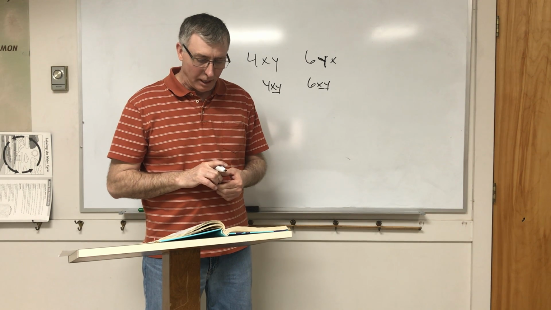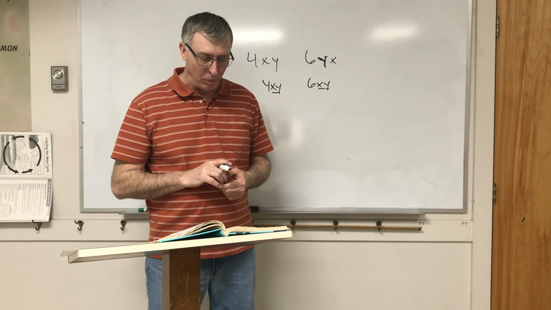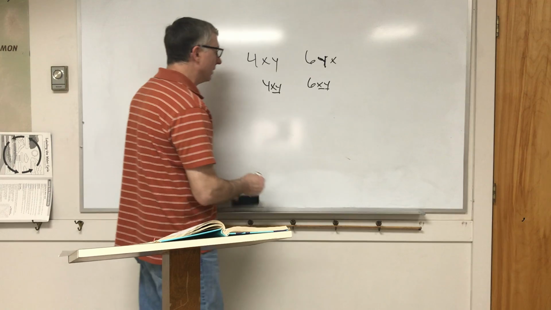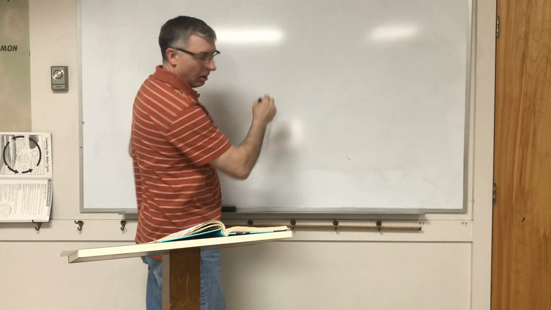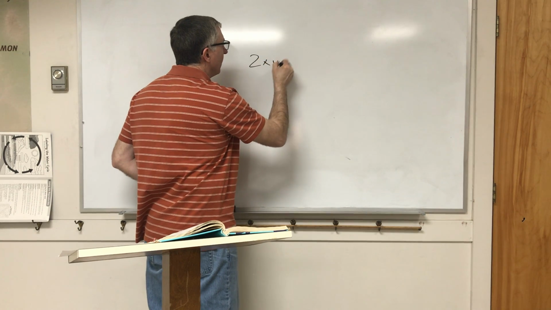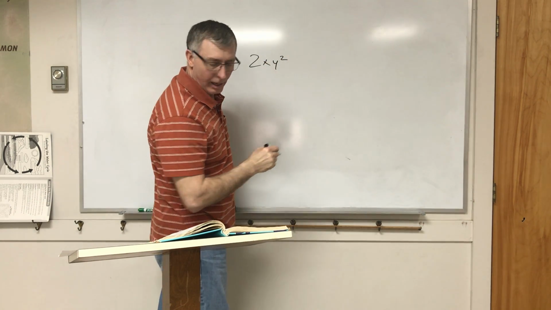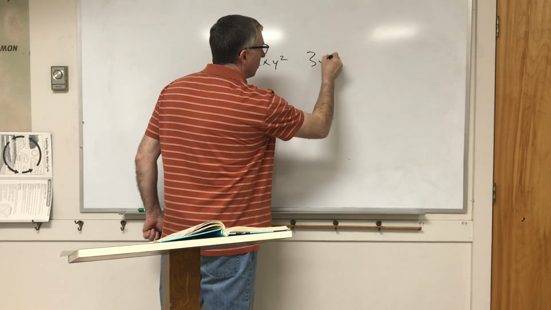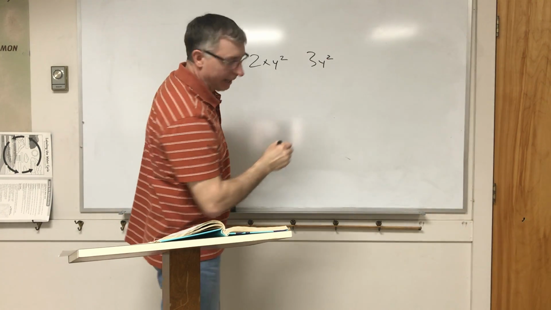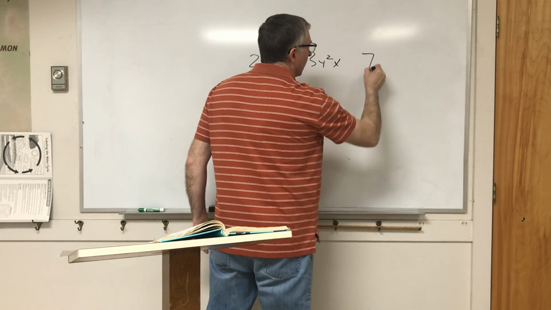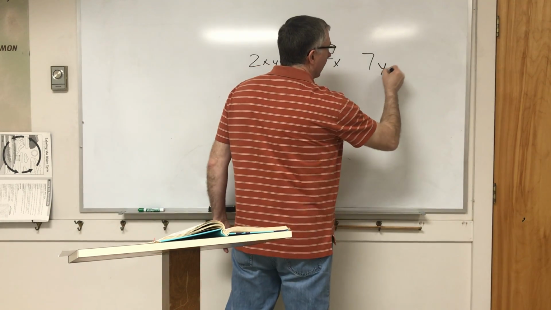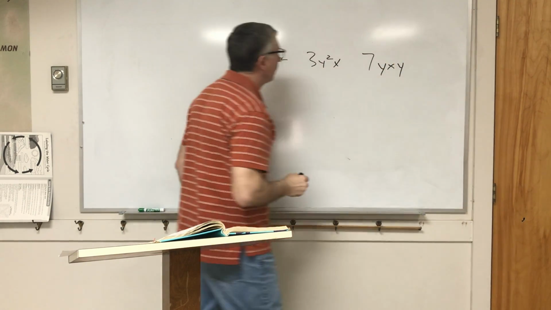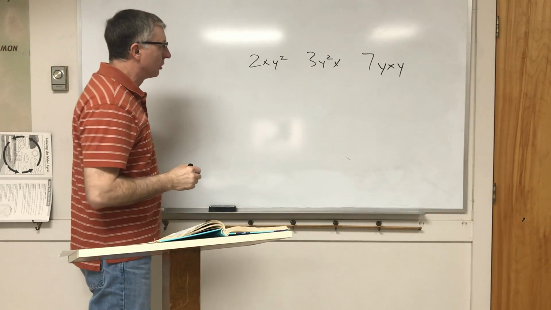And so let's go on to 91b1. The question is, are 2xy squared and 3y squared x and 7yxy, are these like terms?